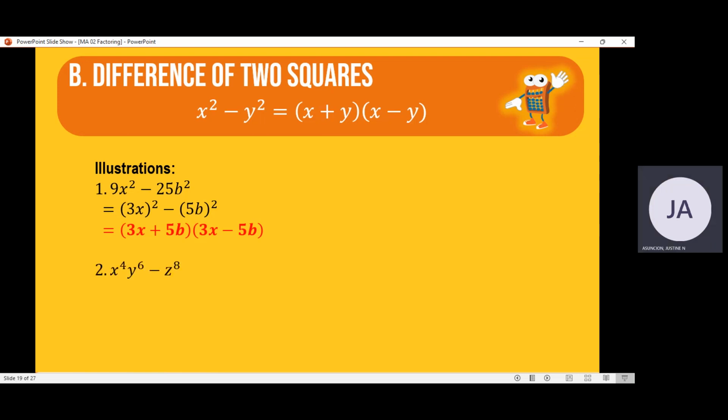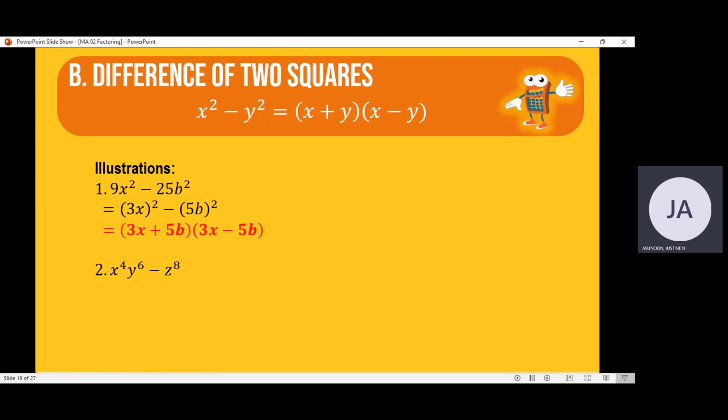Aside from this, we have another example, x raised to 4, y raised to 6, minus z raised to 8. Again, we need to identify the first term and the second term to find the factors of this given polynomial.